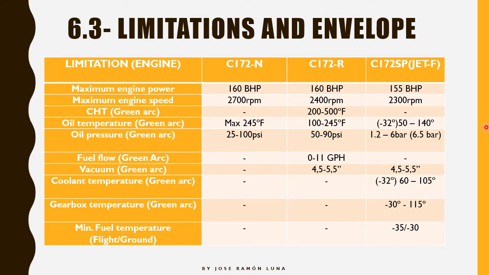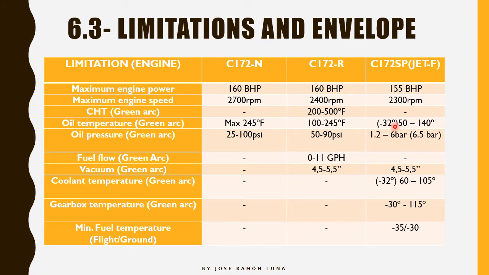The oil temperature, one of the most important parameters. For me, probably the most important change is that in the diesel one, they actually give us a limit minimum temperature for starting an engine with this cold oil.